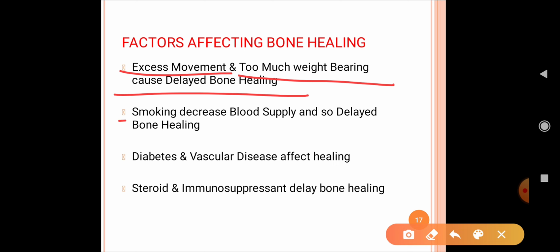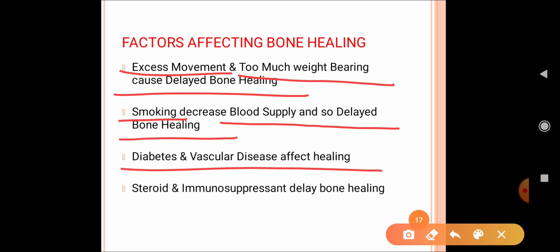Second important factor is smoking. What happens if you are a chronic smoker, then your blood supply is decreased to that area, and because of less blood supply, obviously your healing will get delayed. Third factor is diabetes and vascular disease.